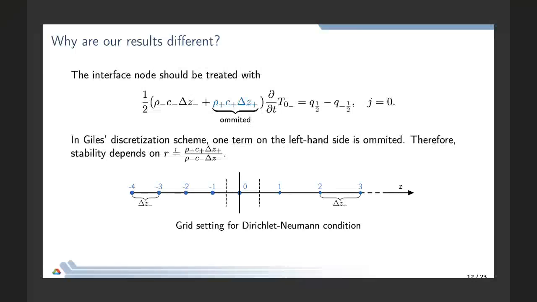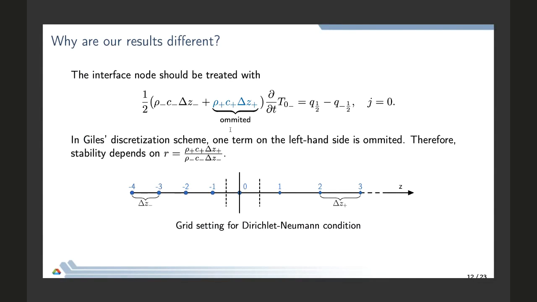If the ratio R is large, it will have a relatively large impact on stability because this term is omitted. But if R is small, then it's okay. So that's the reason why they show that if you use the Dirichlet condition on one side and the Neumann condition on the other side, it's okay for one case, but not okay for the other case.